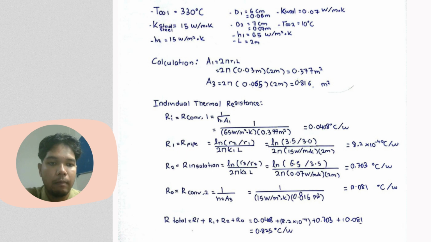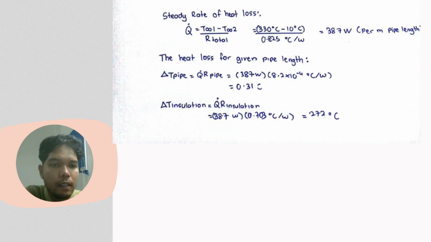And for R pipe, we are going to use the formula ln(r2 over r1) over 2 pi k1 L. After we finish calculating the individual thermal resistances, we need to combine all those answers to get R total.